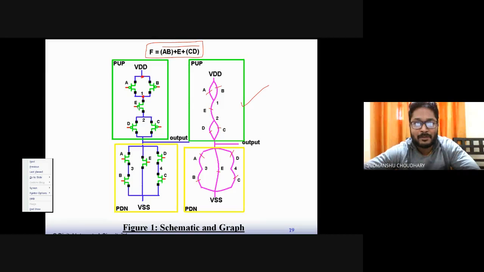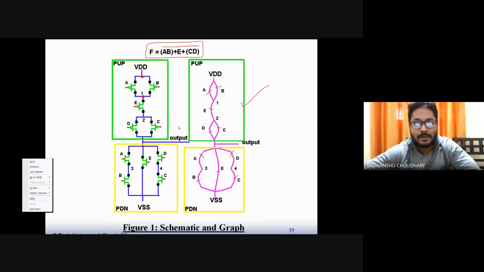But then the Euler path of pull up and pull down may not be same, and that is why I say that you have to make a compromise between speed and area. So there must be some sort of compromise between either speed or area. So if you bring this down, obviously speed will be more, but area may be different, because then the Euler path may not be same.